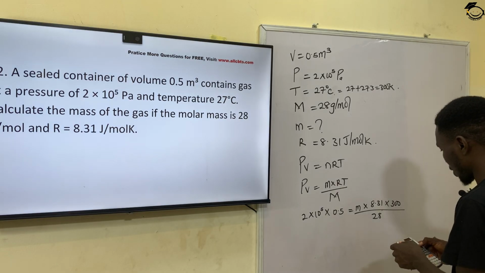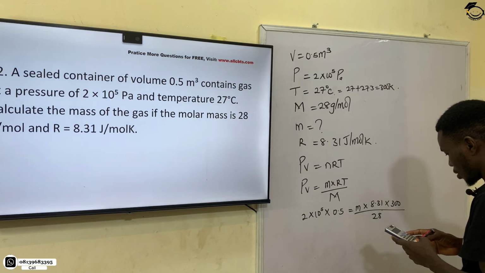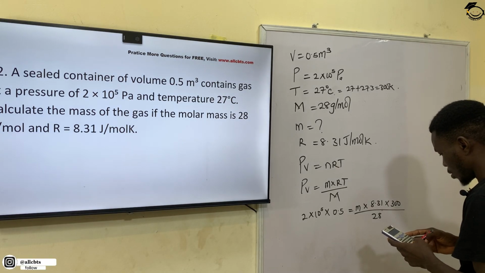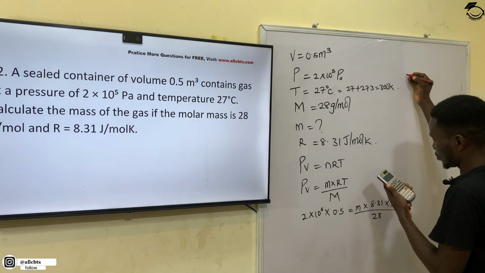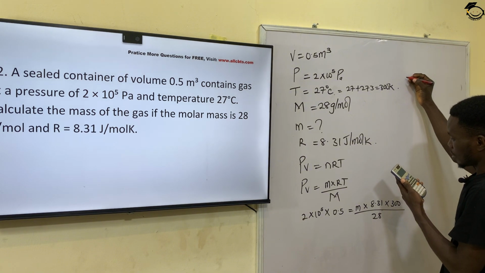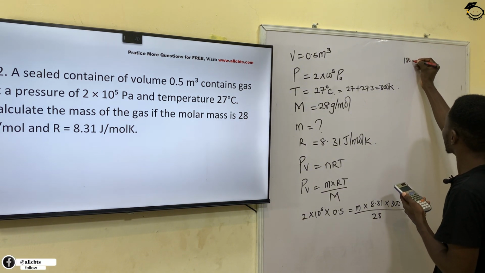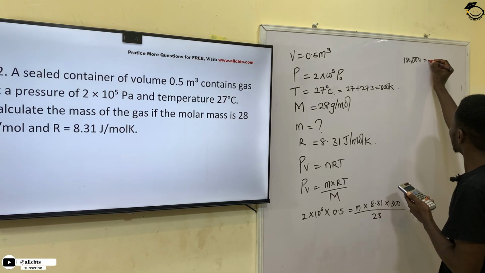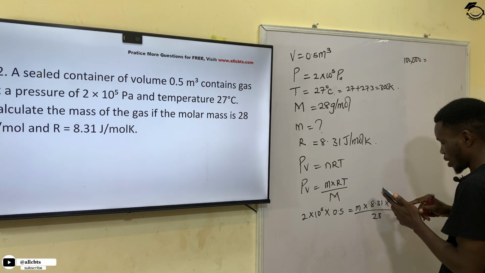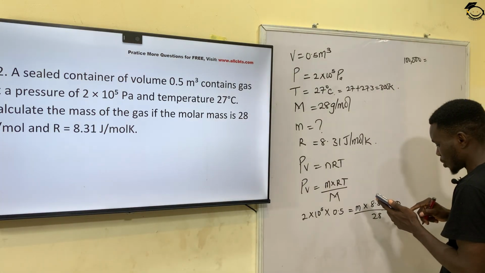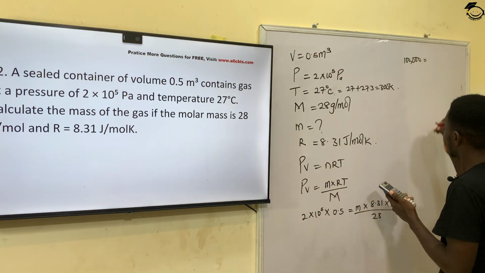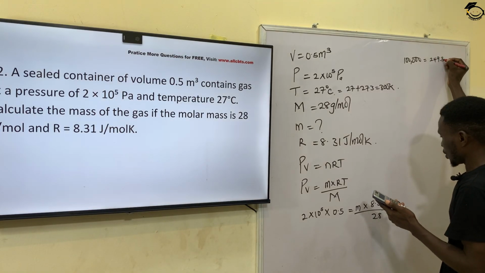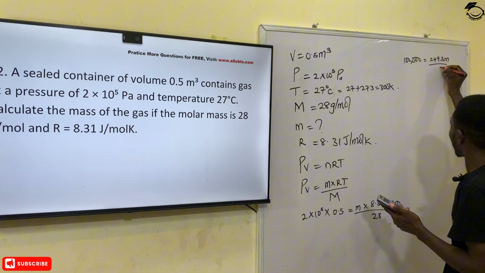So this means that I have 100,000 equal to 8.31 times 300, 2493 M divided by 28.